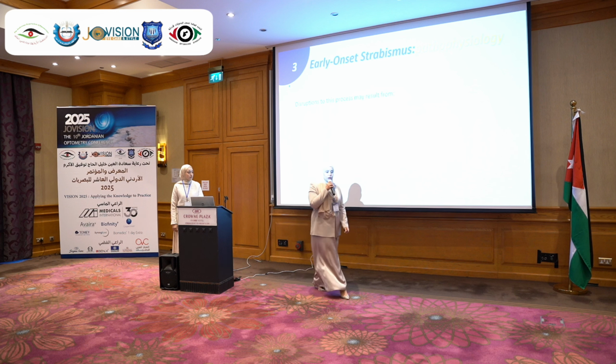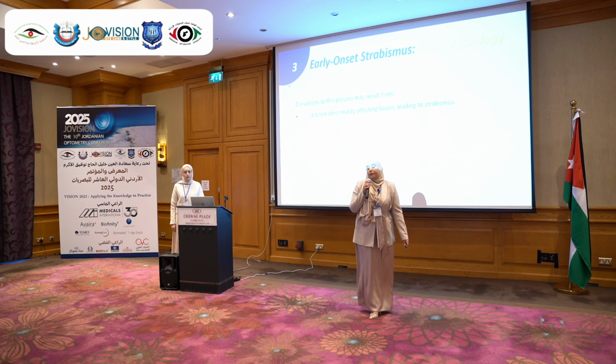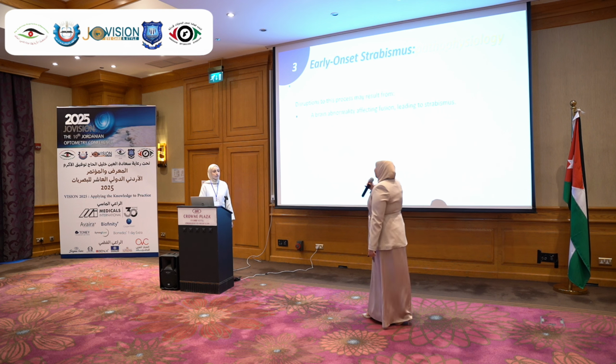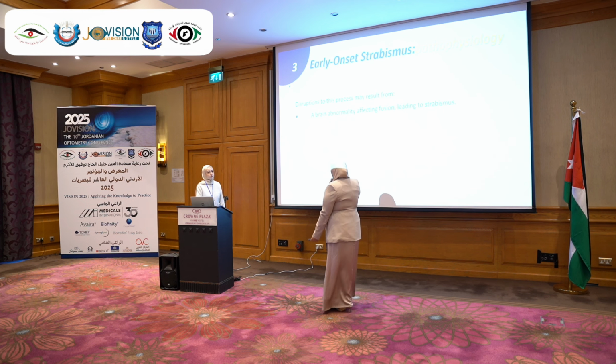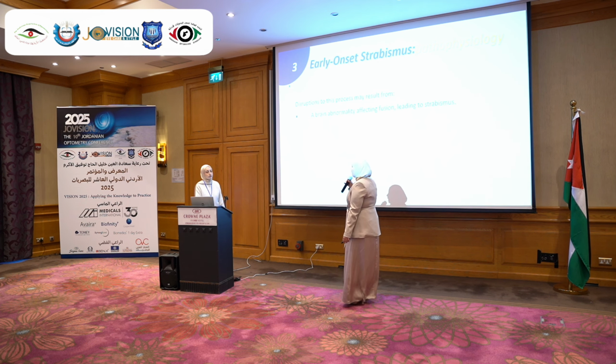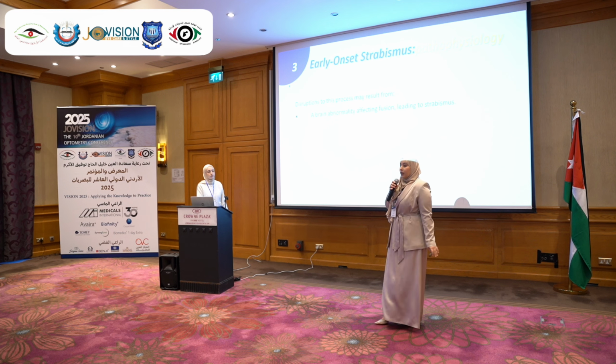Now we pass to the pathophysiology. The real cause of this type of strabismus is not yet clear and is still unknown, but neurophysiological studies have provided insight that at birth, fusion and binocular connection are immature in the first 6 months.